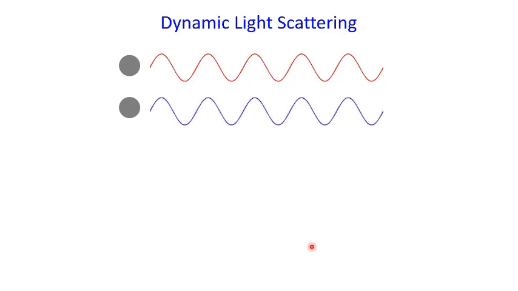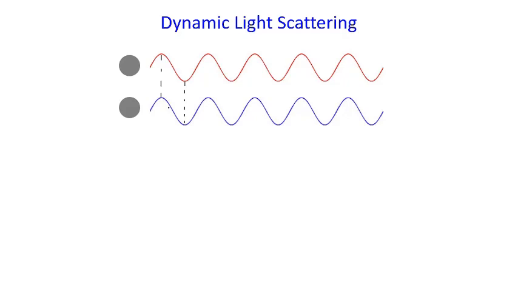So let's say this is one scattered beam of light, and there is another one like this. So in this case, you can see that these two beams of light are in phase in the sense that positive to positive and negative to negative matches exactly as you can see over here, right?